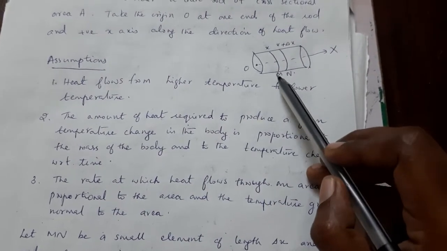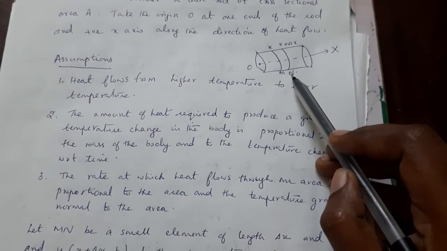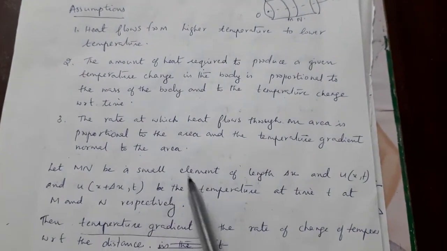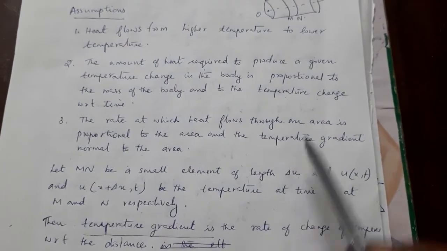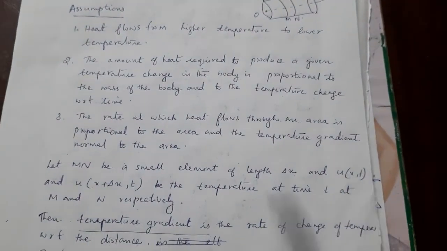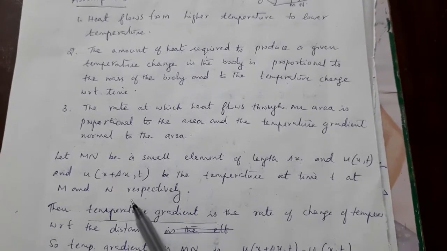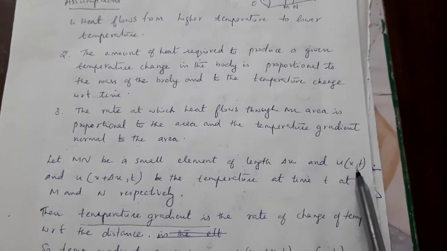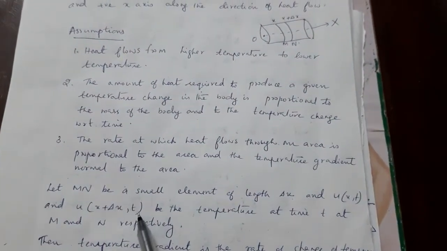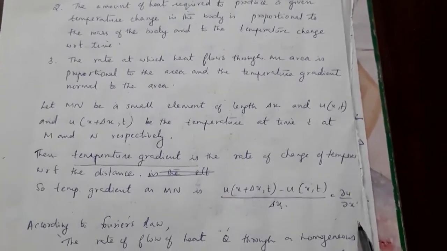So u(x,t) is the temperature at M and u(x+Δx,t) is the temperature at N. Let MN be a small element of length Δx. So the length of MN is Δx, and u(x,t) and u(x+Δx,t) are the temperatures at time t at M and N. So the temperature gradient is ∂u/∂x.